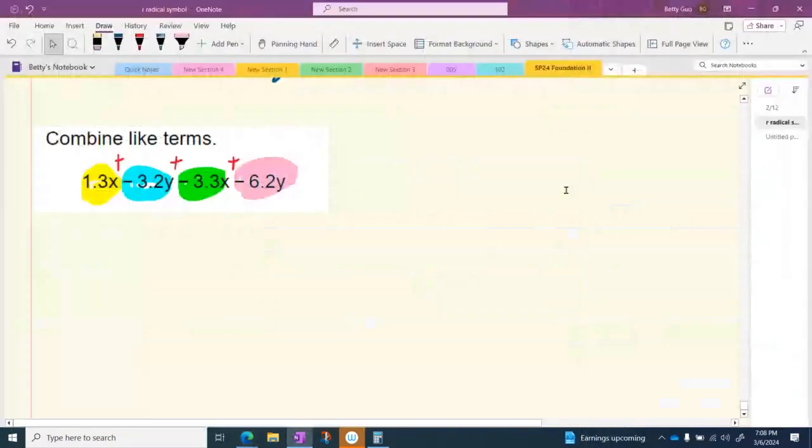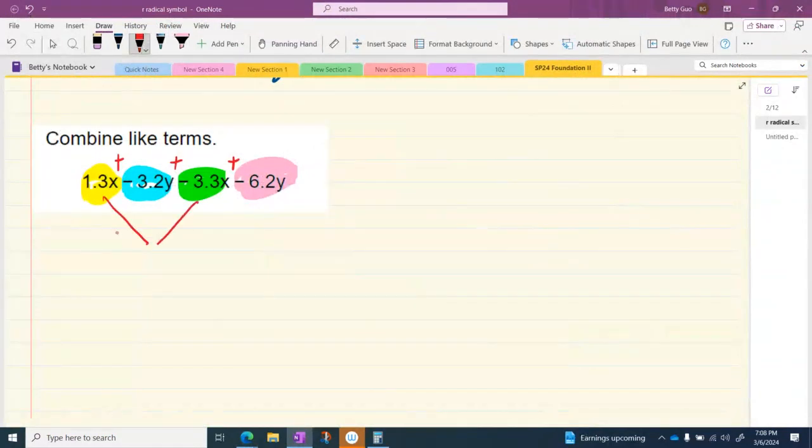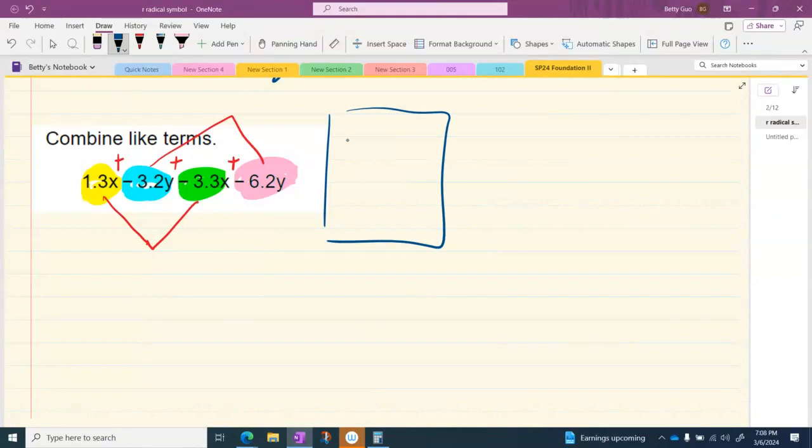And which of them are like terms? Yellow and green are like terms, right? Blue and pink are like terms. Okay, let's combine them. In this box, I'm going to combine yellow and green. Green is a negative 3.3x.